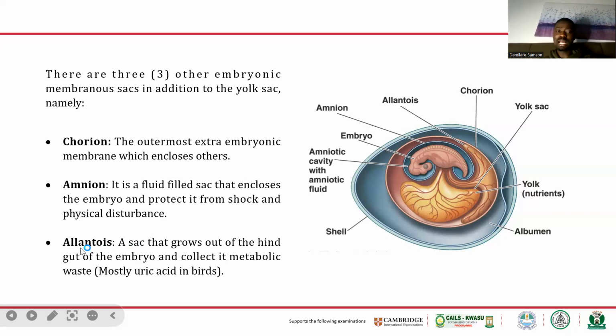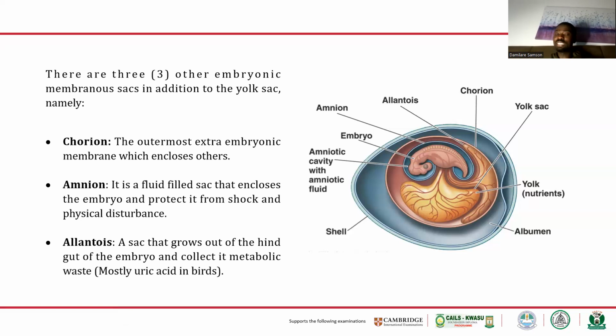So the next one is the allantois. First look at the diagram. As you can see it here. It's a sac that grows out of the end gut of the embryo and collects its metabolic wastes, mostly uric acid, in birds. So it grows out of the end gut, the gut behind.